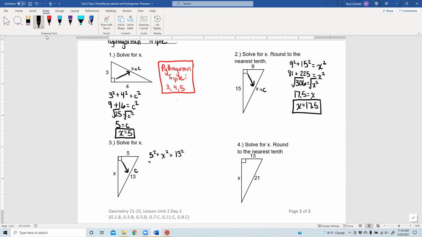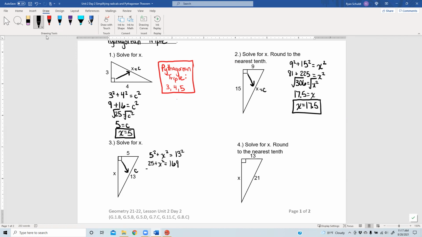So 5 squared is 25 plus x squared equals 13 squared is 169. I can't just add 25 and 169. They're on the opposite sides of the equal sign. Remember, the equal sign's like a river. Unless you got a boat, you can't go across it.